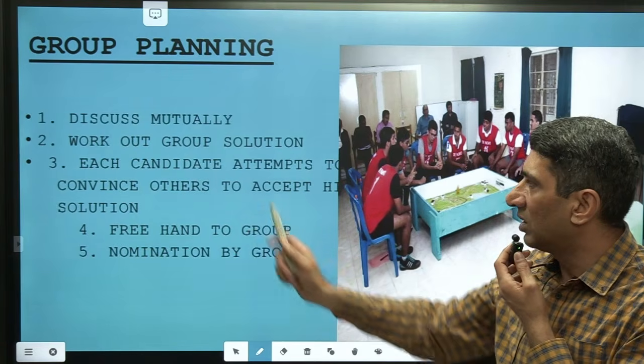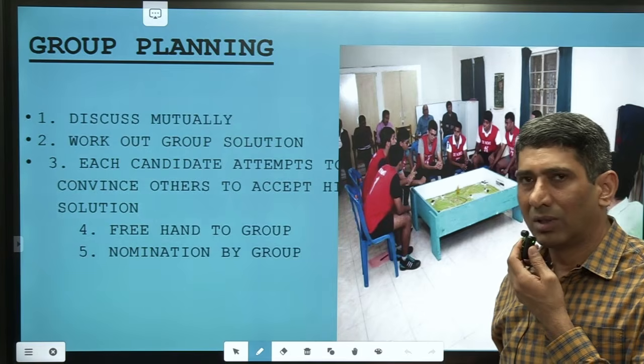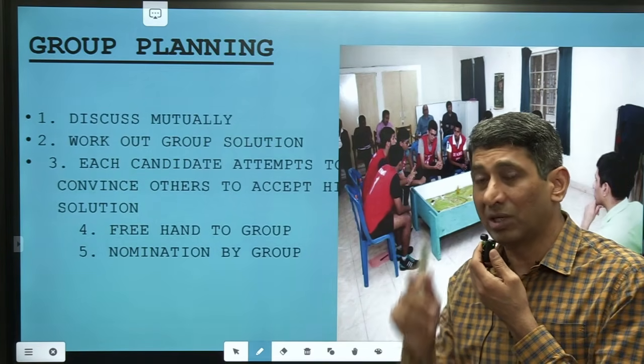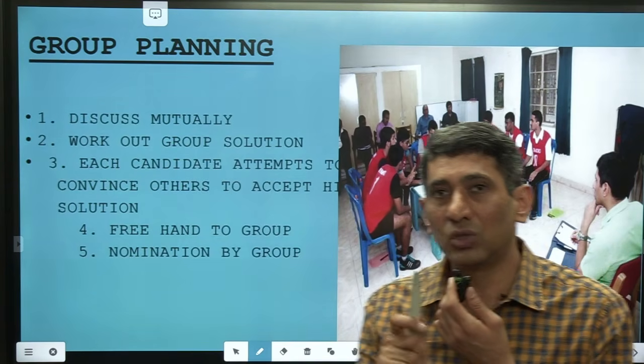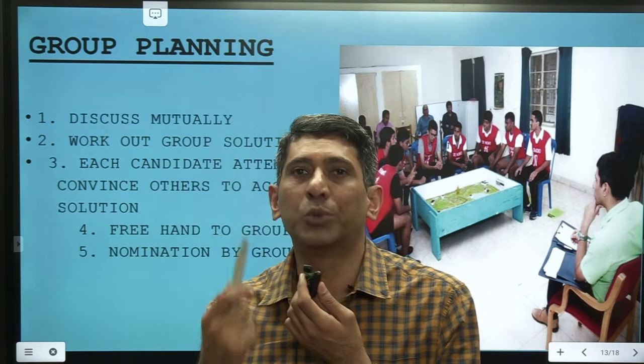Each candidate attempts to convince others to accept his solution. A free hand will be given to the group to discuss and arrive at a solution. Remember that your aim is to contribute positively towards achieving a better group solution.